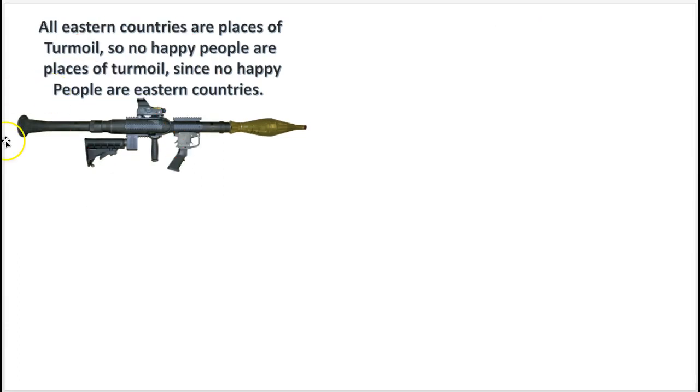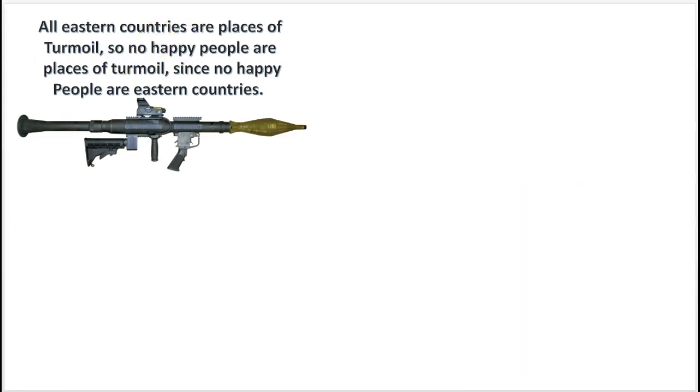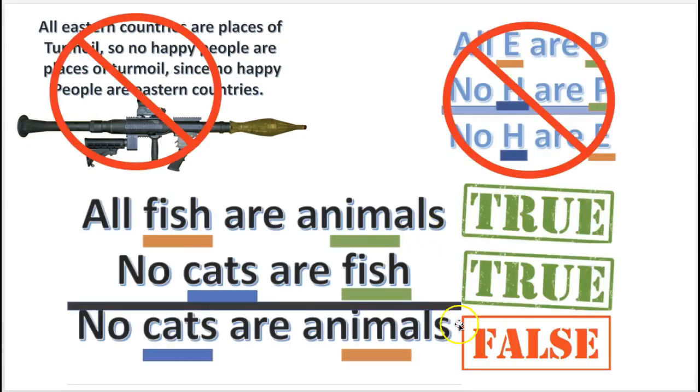So as you look at the original argument, rather than dealing with these long terms that might be confusing, you just swap them with things that are simpler to understand or that you know right away: fish, cats, animals, and mammals, so you're not confused with all the jargon. So you find the form, swap it around to see if you can get true premises and a false conclusion. If that's true, then the form's invalid. If the form's invalid, then the original argument is invalid.